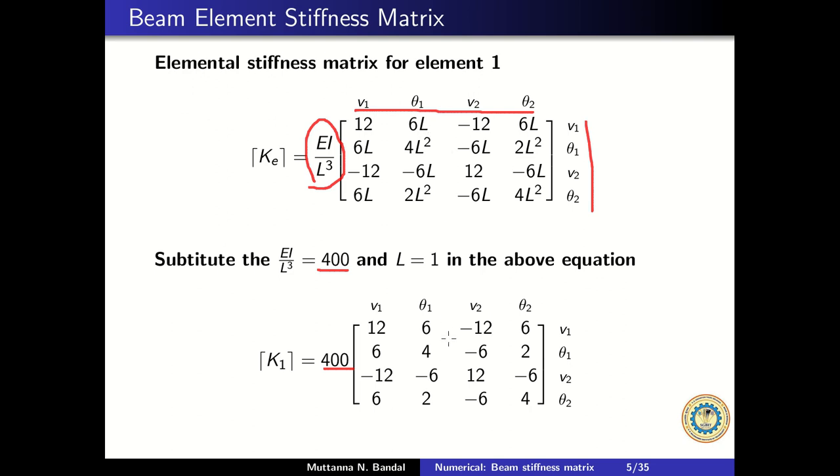So 6 into 1 is 6, 12 as it is, 6 into 1 is 6, and 6L again 6, 4L square is there. So L square, 1 square, will be equal to 1. So 4 into 1 is 4. Substituting the L in this equation, I'll be getting this stiffness matrix. And remember to write the degrees of freedom to the corresponding rows and the columns.